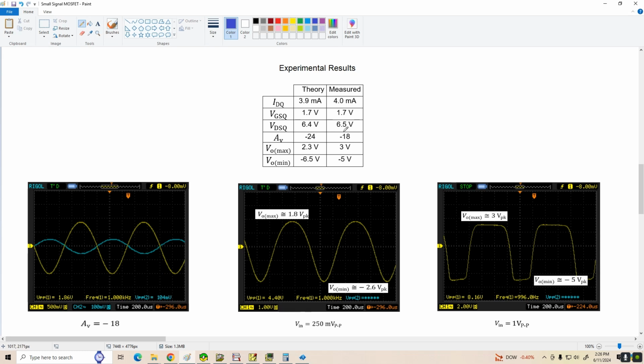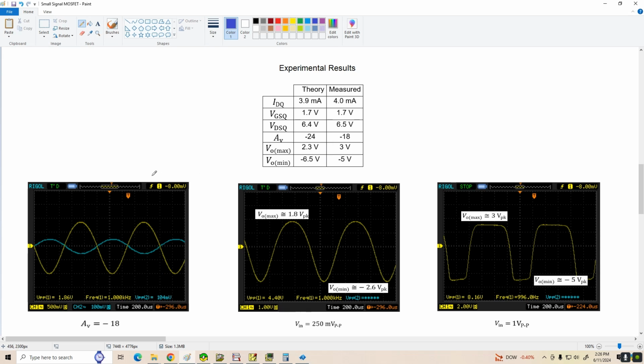Normally, an amplifier is not going to be quite as good as the theoretical value in terms of voltage gain, because we made some approximations here to keep things simple. Our large signal limits are in pretty good agreement with our theoretical analysis.